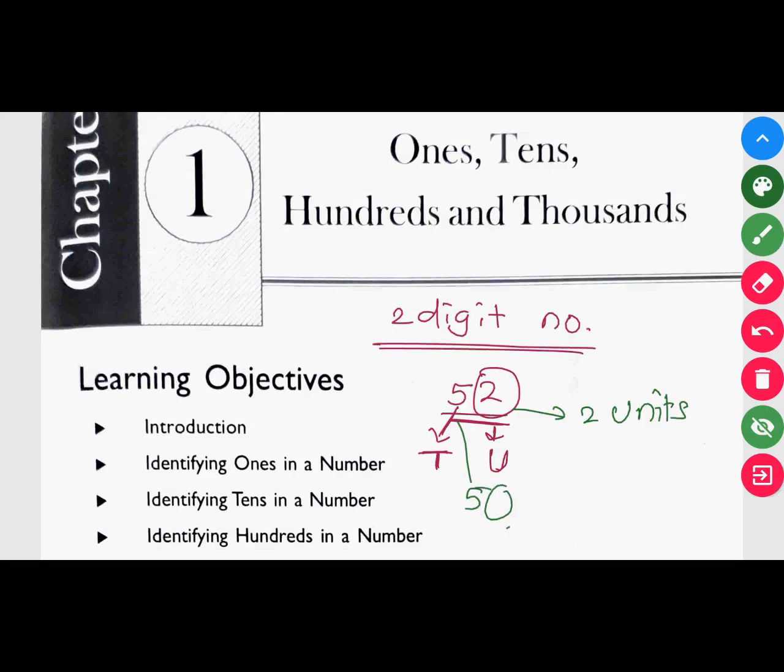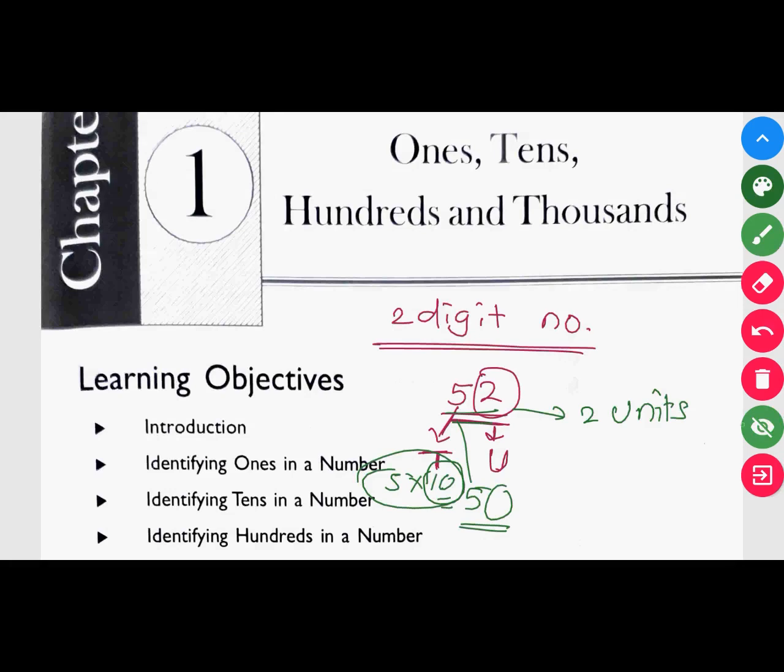Five tens means 5 multiplied by 10, and that is equal to 50. So 10, 10, 10: how many groups of 10 are there in the number 52? There are 5 groups of 10. So this is ones and tens.